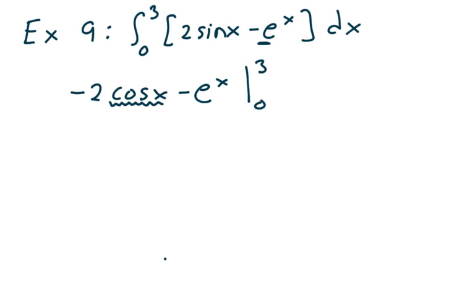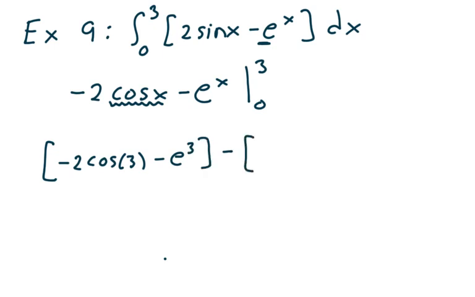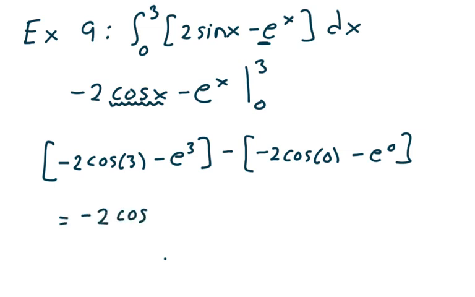So we're going to put 3 in, put 0 in, and subtract, okay? So we get negative 2 cosine of 3 minus e cubed. And then I'm going to go minus 2 cosine of 0 minus e to the 0. So this is negative 2 cosine of 3 minus e cubed, and I'm going to take that quantity and subtract negative 2 minus 1.